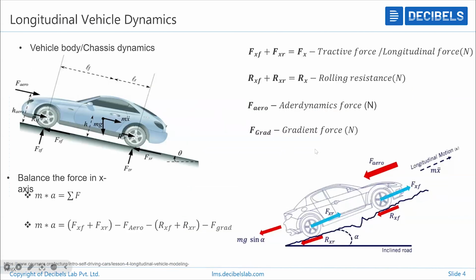What are the end goals of this modeling? On the one side, we can start sizing our components. What are the components? In my context here, I will be talking only about EVs.